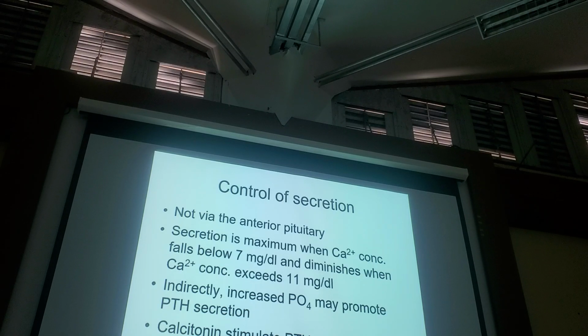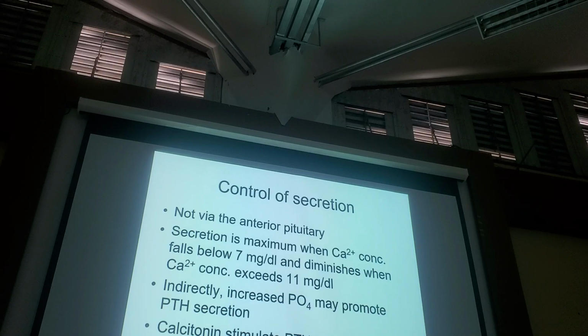Calcitonin can also stimulate PTH secretion. Why? Because the role of calcitonin is to lower blood calcium level, so because of that, it can also stimulate PTH to increase calcium. Would that be under negative feedback then with calcium? Yeah, on a large scale, yes.